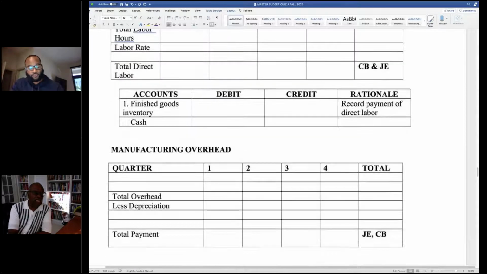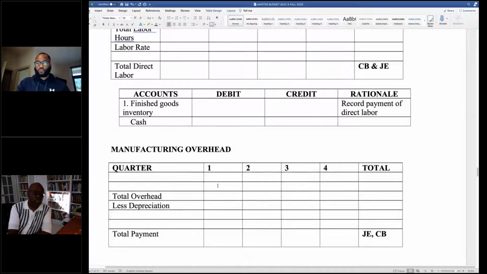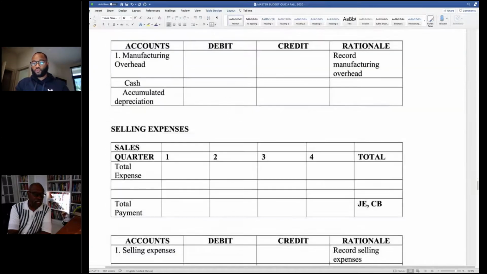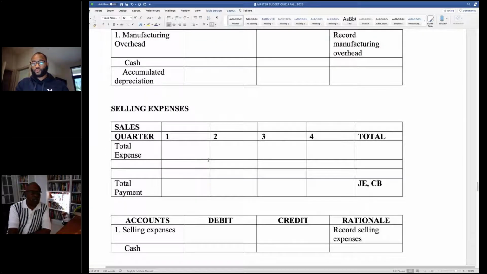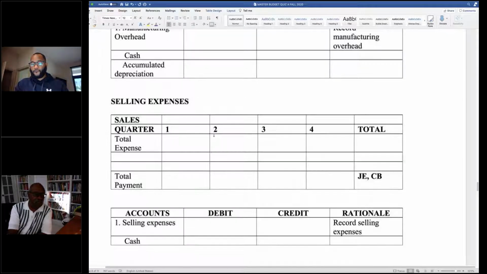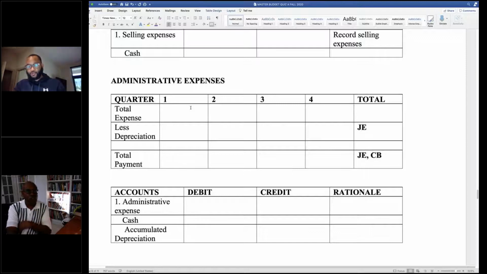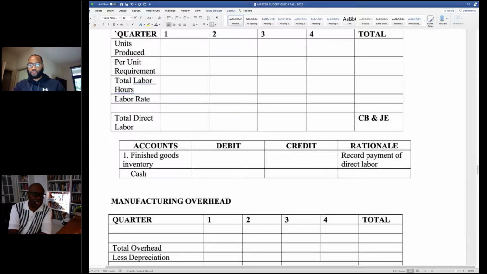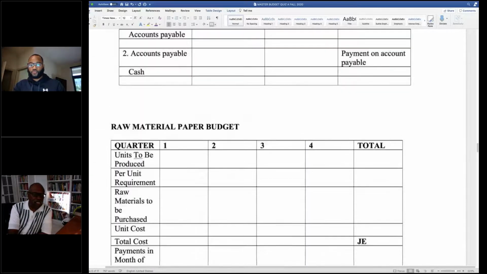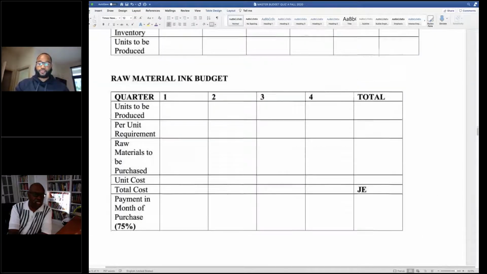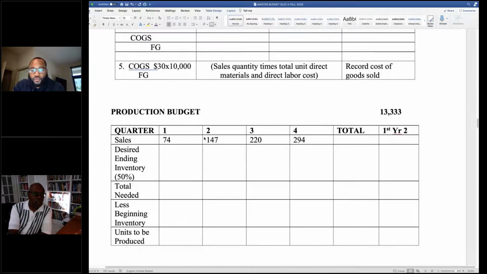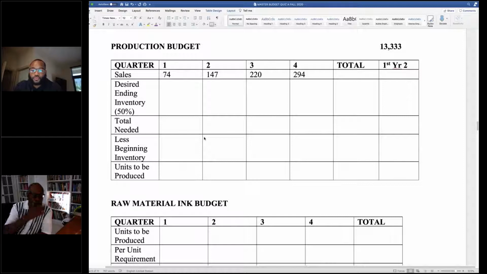The overhead is independent of those calculations. The sales budget is independent, and the administrative expenses are independent. Once we calculate those, we'll be done. So Terrell is going to lead us off with the production budget, showing us how much is produced.